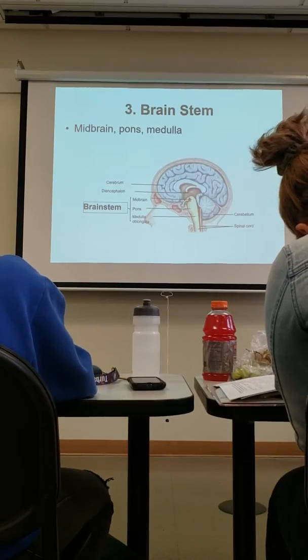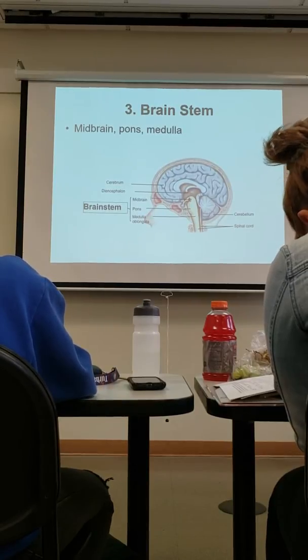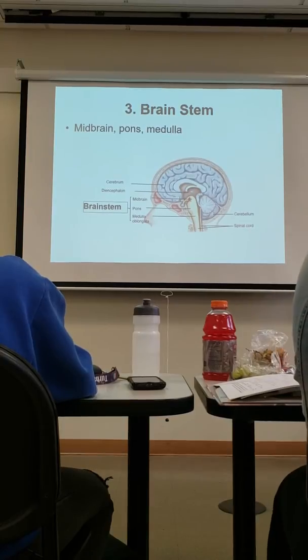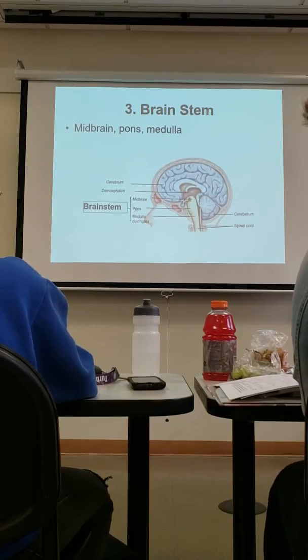All right, so these three areas make up the brainstem, and if you had to identify one of the key functions of the brainstem, what would you say? Autonomic function?